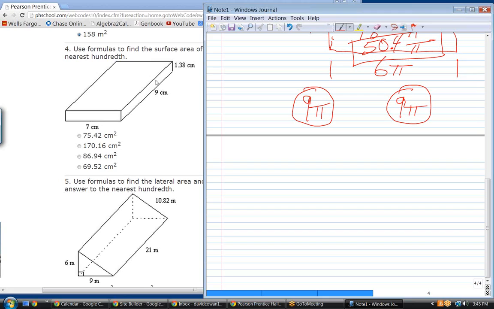There's a unique face, there's a unique face, and there's a unique face. And every piece of board has an opposite side that's the same. Right. So we're going to figure out the surface area of this, this, and this, and multiply it by 2. All right. So let's talk about this one here. We'll talk about the area of the small rectangle.